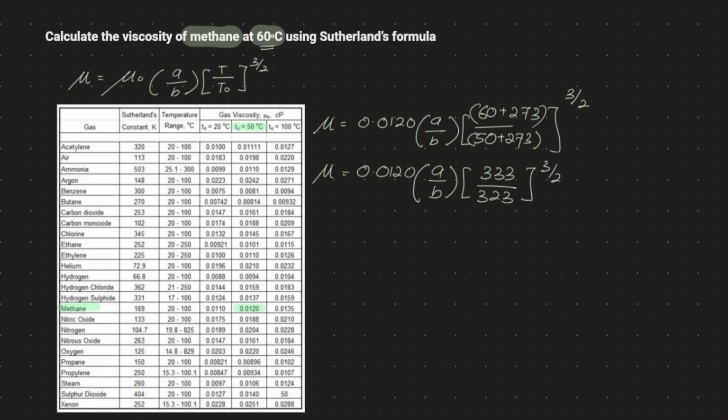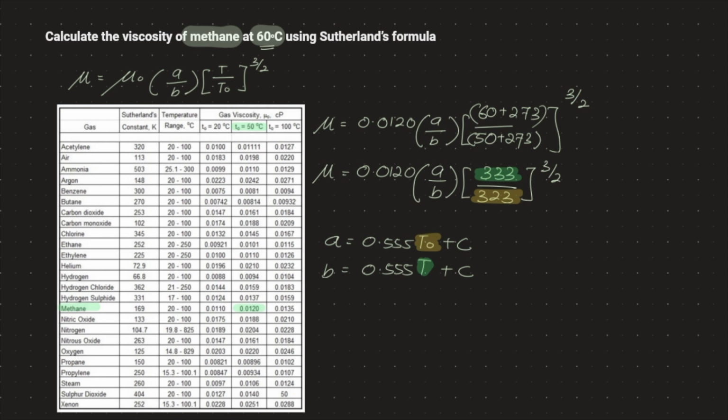Right now, what is A and B? A is equivalent to 0.555 T naught plus C and B is equivalent to 0.555 T plus C. So your T is equivalent to 333 and your T naught, your reference, is 323.